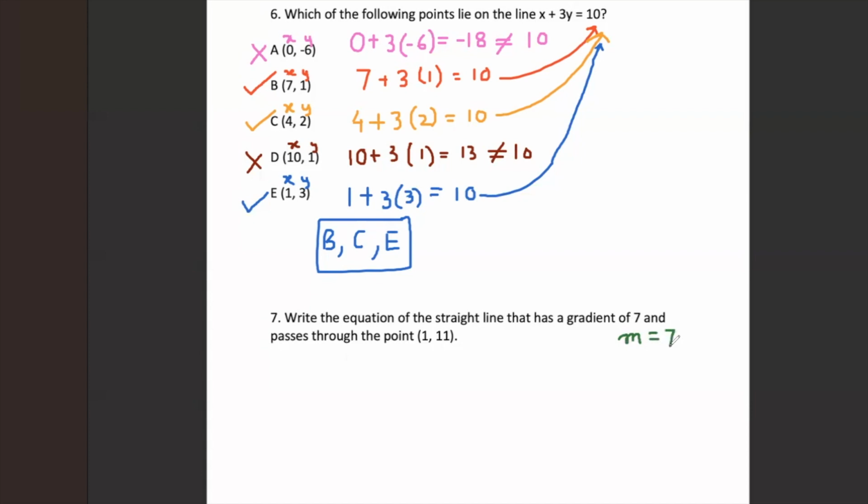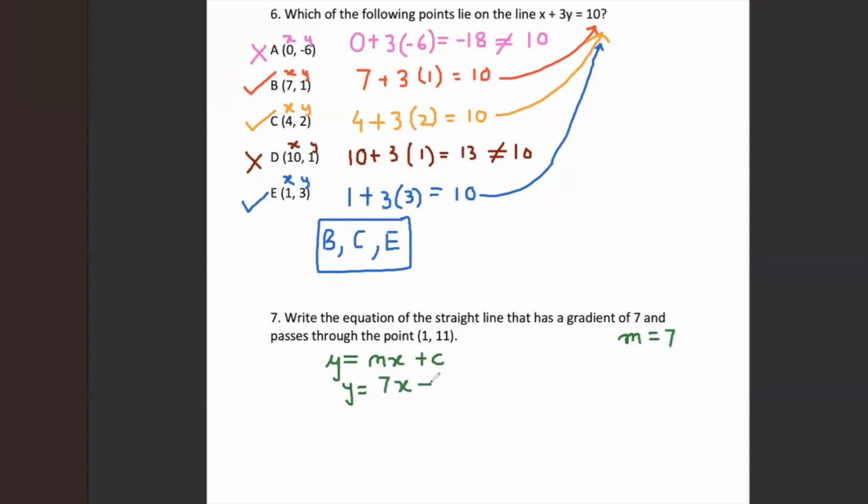But we don't know the value of c yet. So let's write our equation in the standard form as y equals mx plus c. So y should be equal to 7x plus c for our question here.